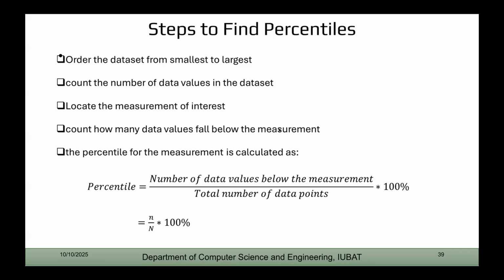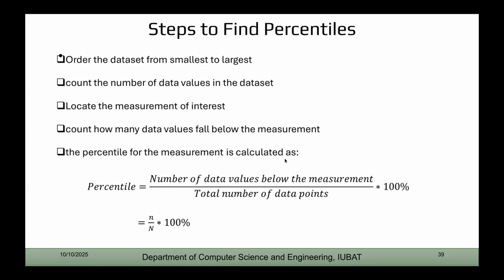That means you locate the measurement of interest, the value for which you want to find the percentile, and then count the values below it. After that, the percentile for the measurement is calculated.